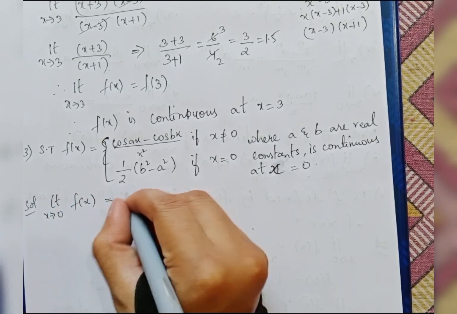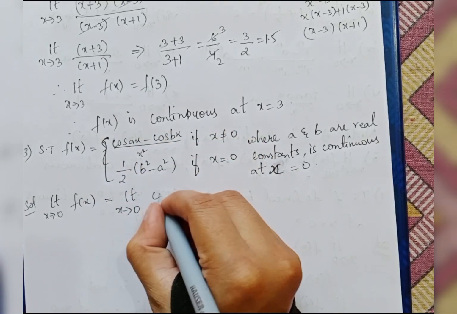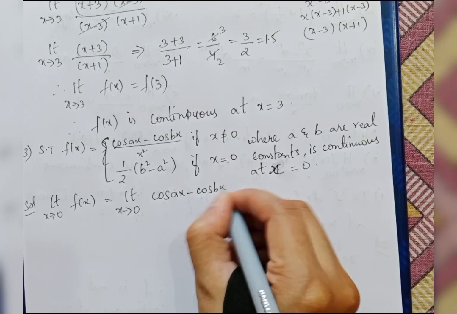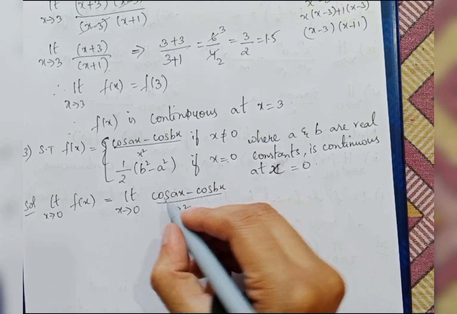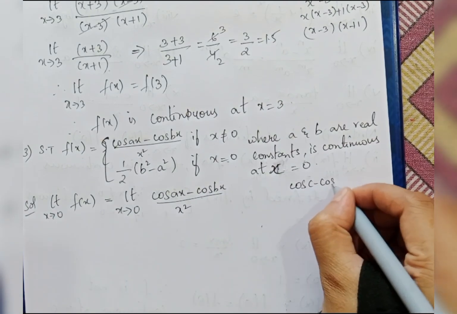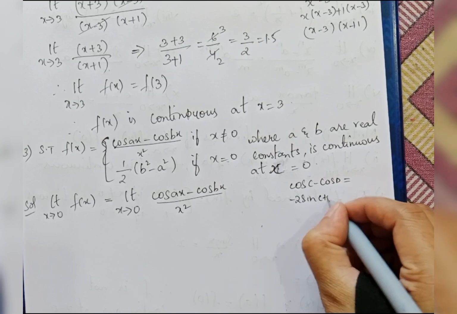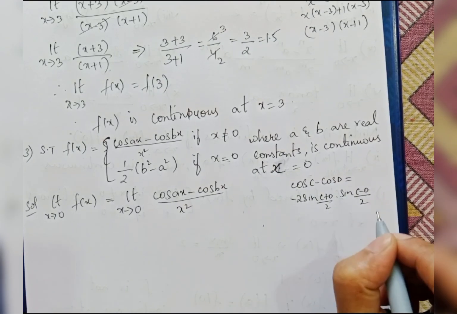So our function is limit x tends to 0 of cos ax minus cos bx by x square. Now we have to apply the formula of cos c minus cos d. Cos c minus cos d is equal to minus 2 sine c plus d by 2 into sine c minus d by 2.